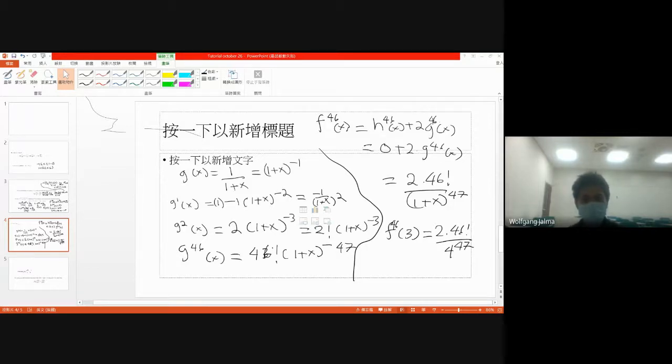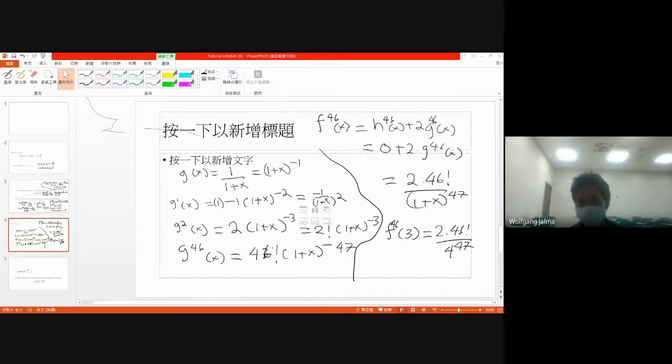Maybe you need to exercise more for this kind of algebraic trick, because I don't think I can teach everything, as there are so many out there.